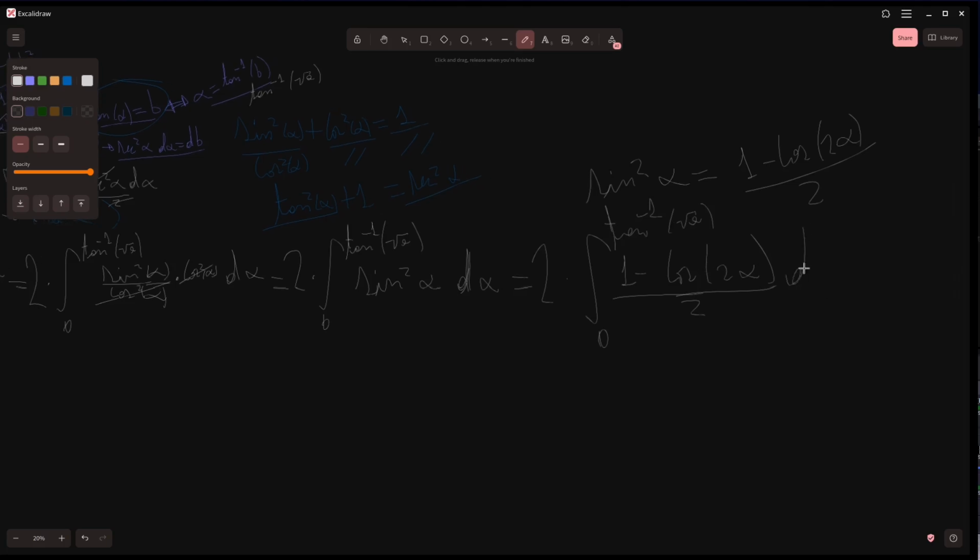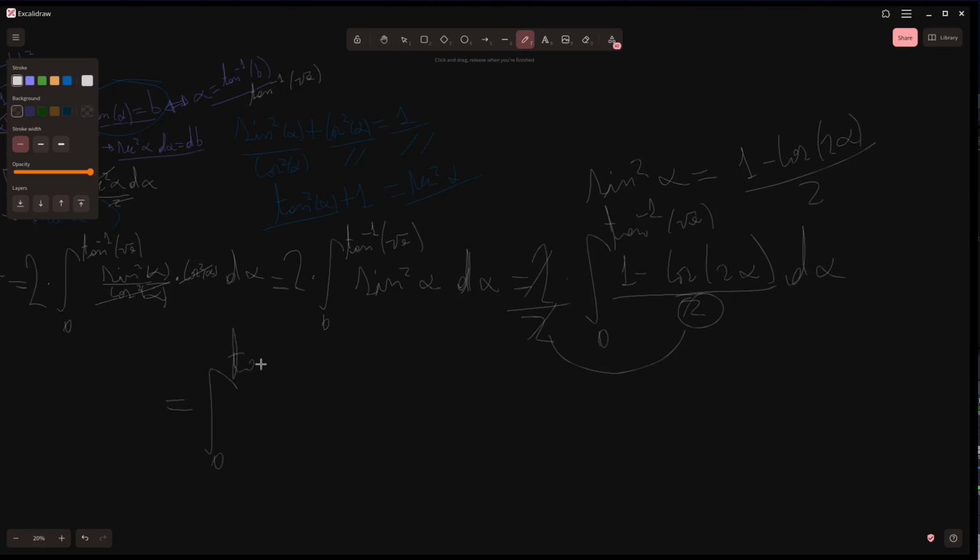So we can split up the integral. We can first move these 2 outside of the integral. So we got this here, and this is 2 over 2, which is 1.